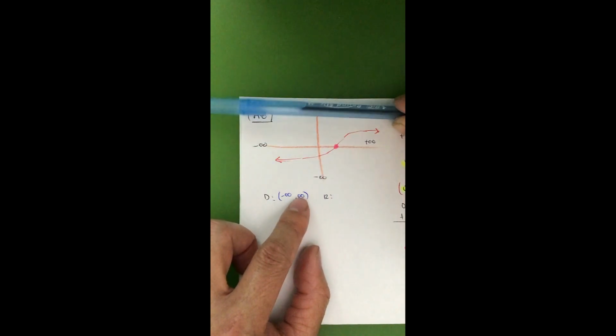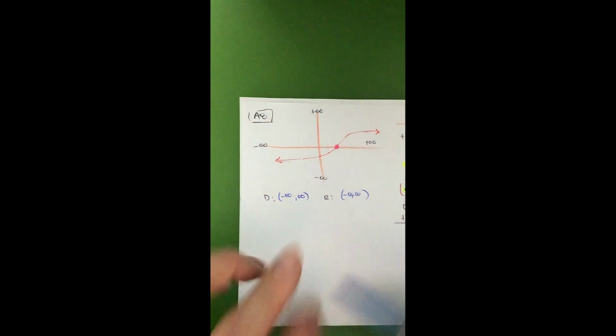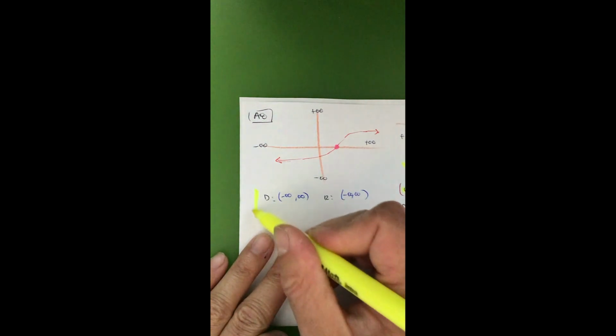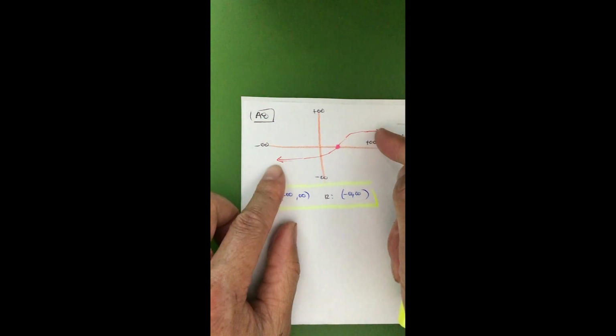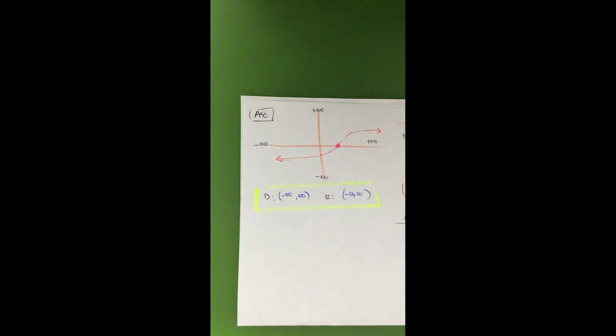Negative infinity to positive infinity. There it is. Again, is there a trick or a pattern you see about the domain and range? Well, if you have 2 arrows, they're going to be this. Think back to a linear, think back to a quadratic. It's basically just a power. Looks like the power functions, right?